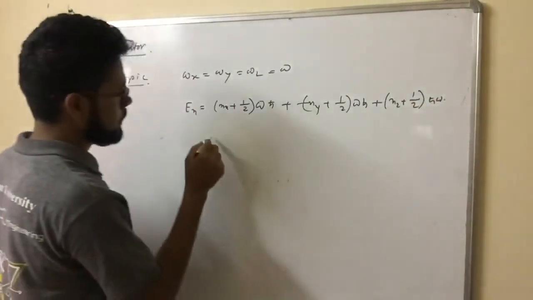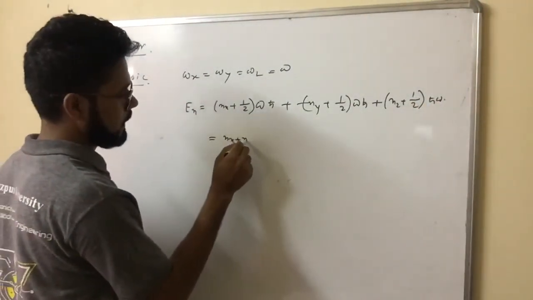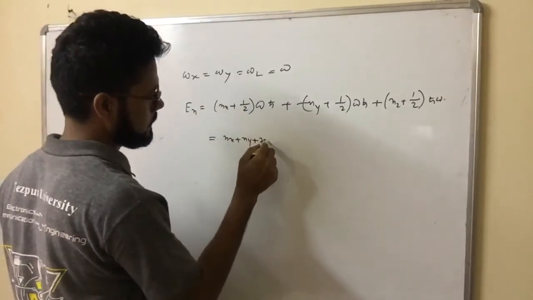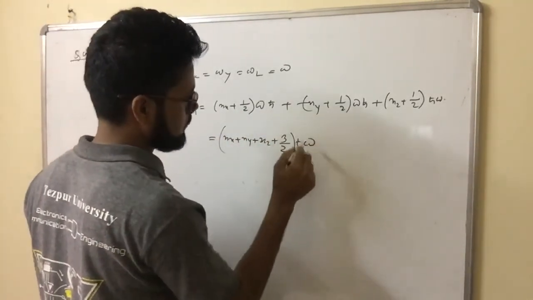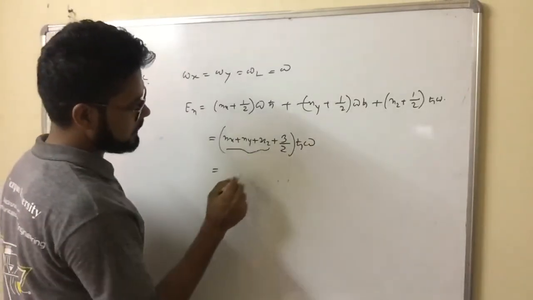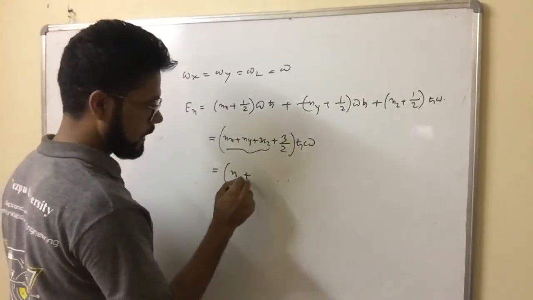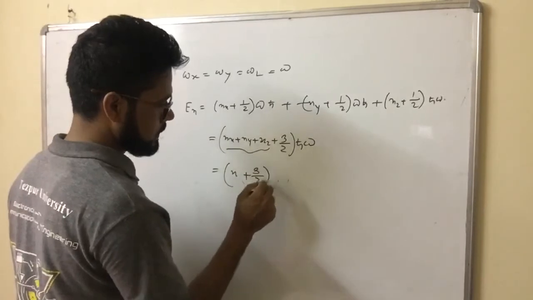So omega is common, so I can write (nx plus ny plus nz plus 3/2) h-bar omega. Normally we represent this as (n plus 3/2) h-bar omega.